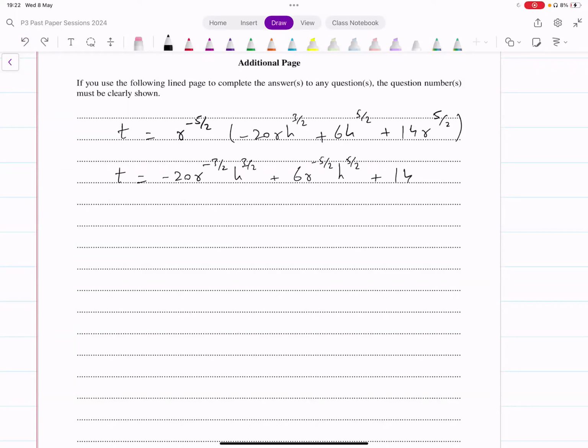That just becomes 1. So it's r raised to the power 0. Now, if you want, you can write it like this: minus 20 h raised to the power 3 over 2 over r raised to the power 3 over 2 plus 6 h raised to the power 5 over 2 over r raised to the power 5 over 2 plus 14. This is T in terms of h and r, and that is what we were looking for.